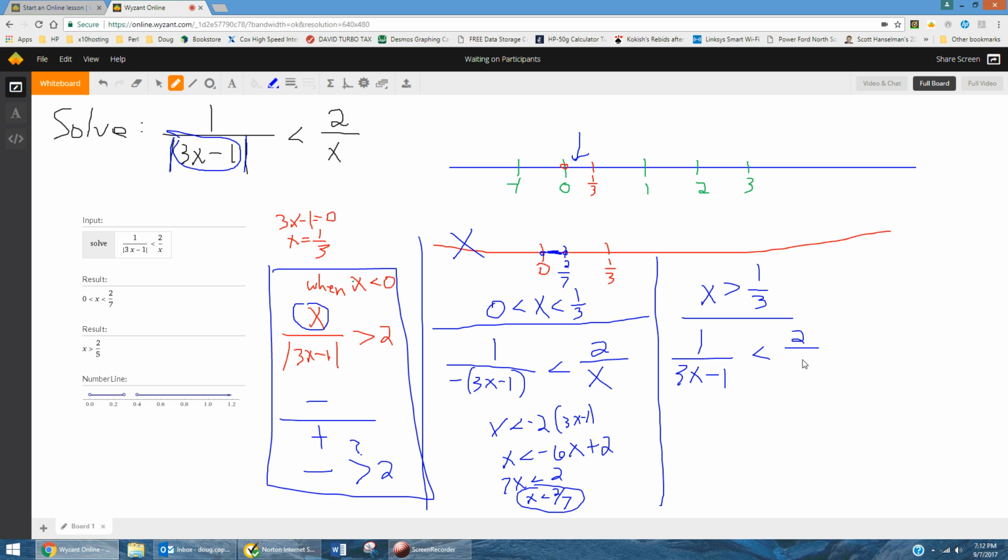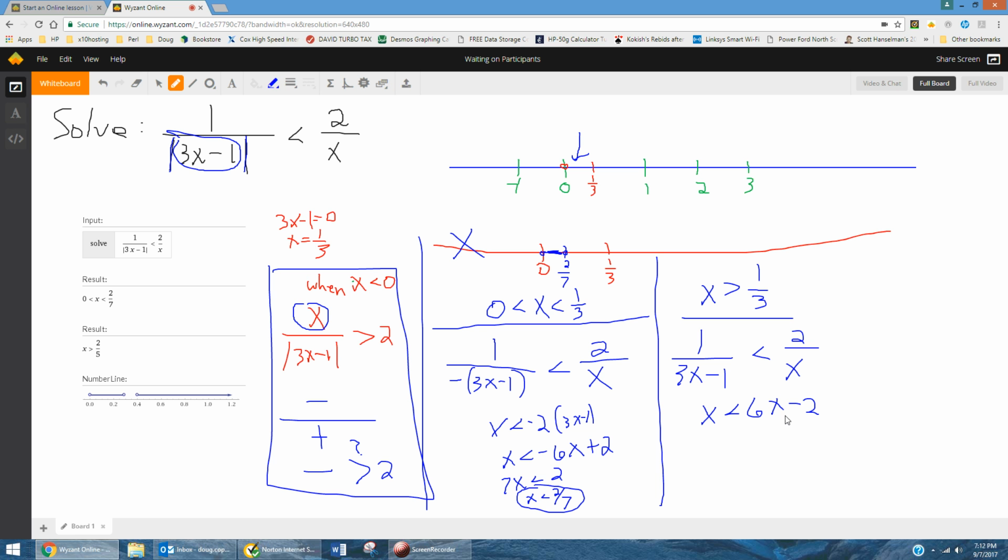And when x is greater than 1/3, I can cross-multiply because both numbers are positive and keep the direction of the inequality the same. So I get x is less than 6x minus 2.